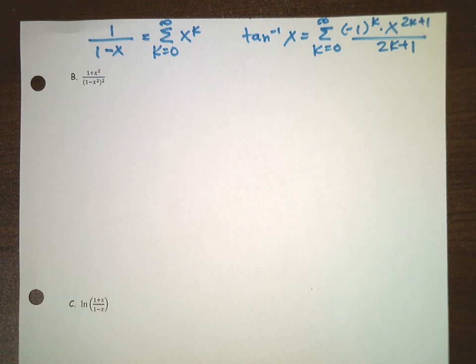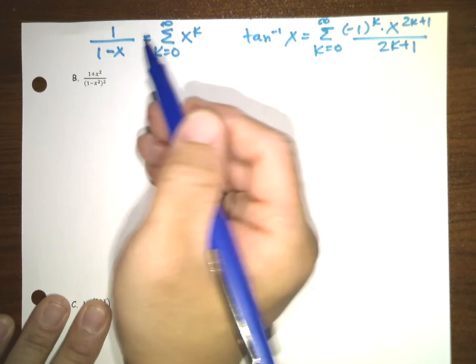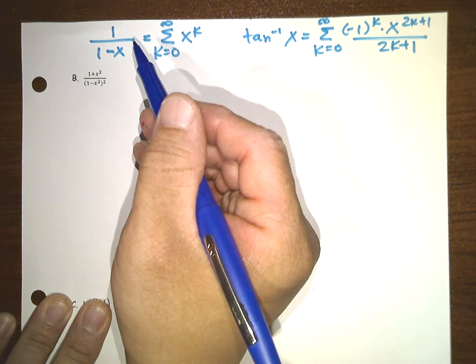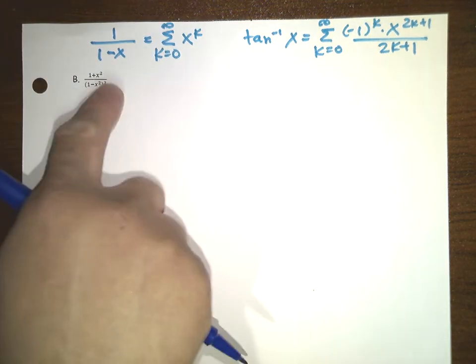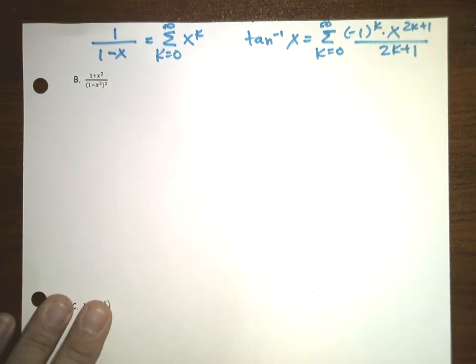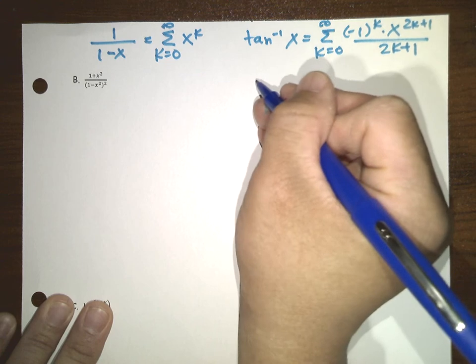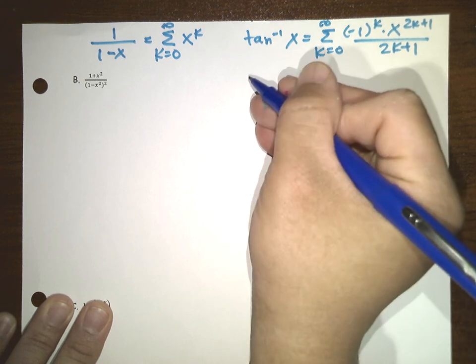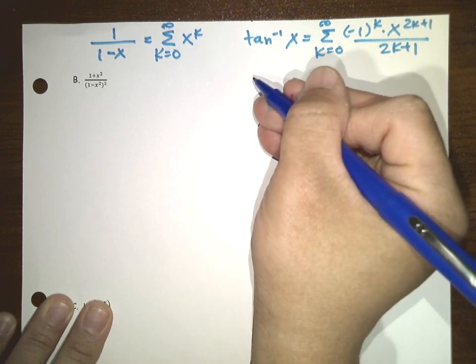All right, so here we go. What are some ways that we could go about doing this? Well, this one is a little bit harder than the last one, because what you need to remember is to look for something that looks similar to one of these two series. That would be x over 1 minus x.